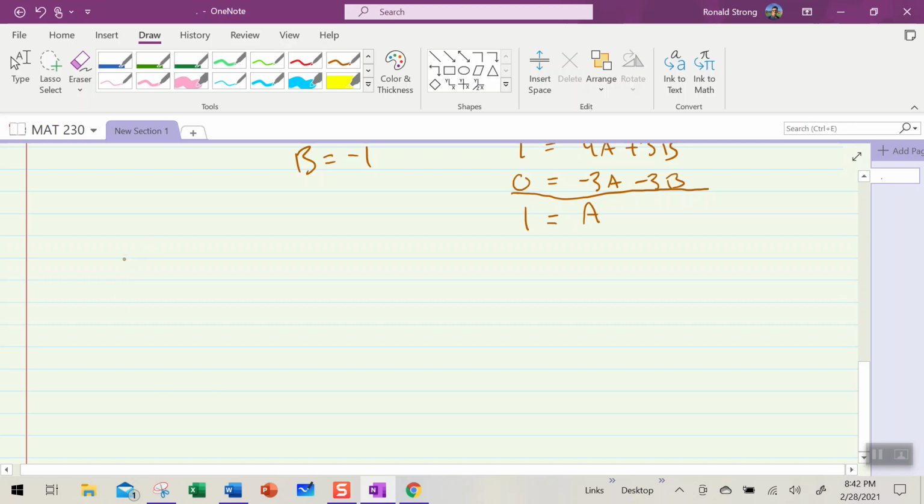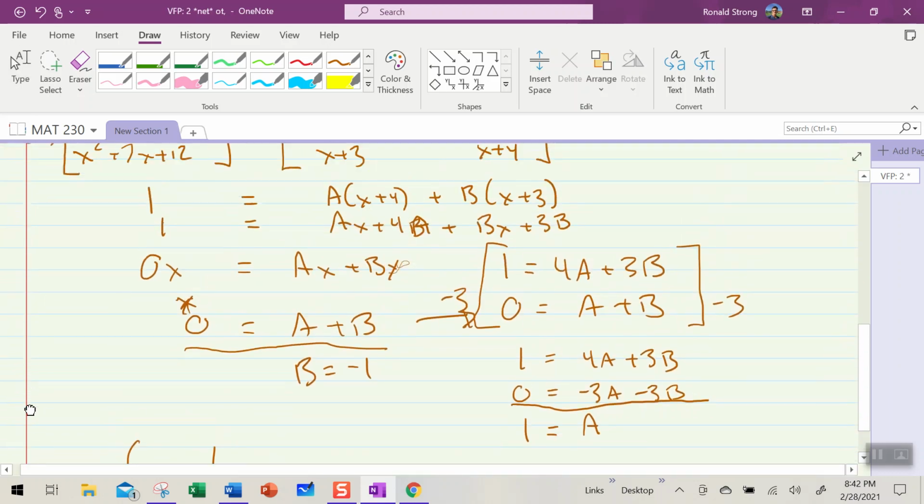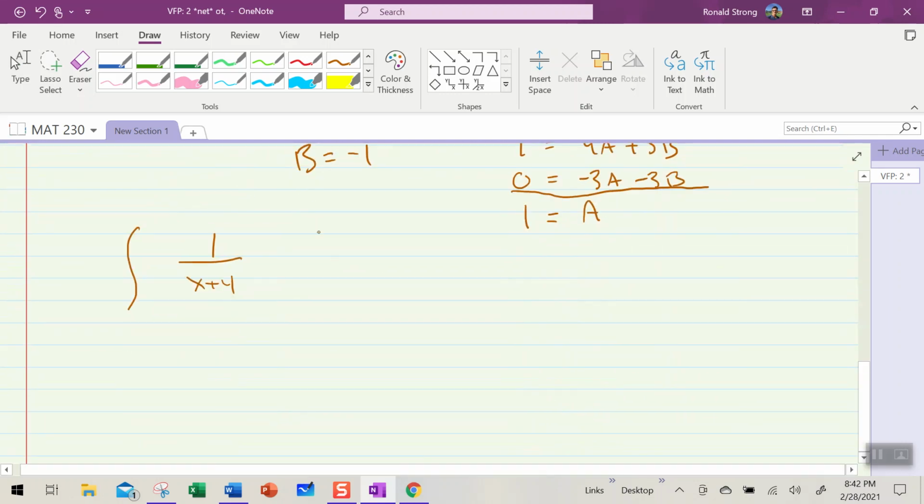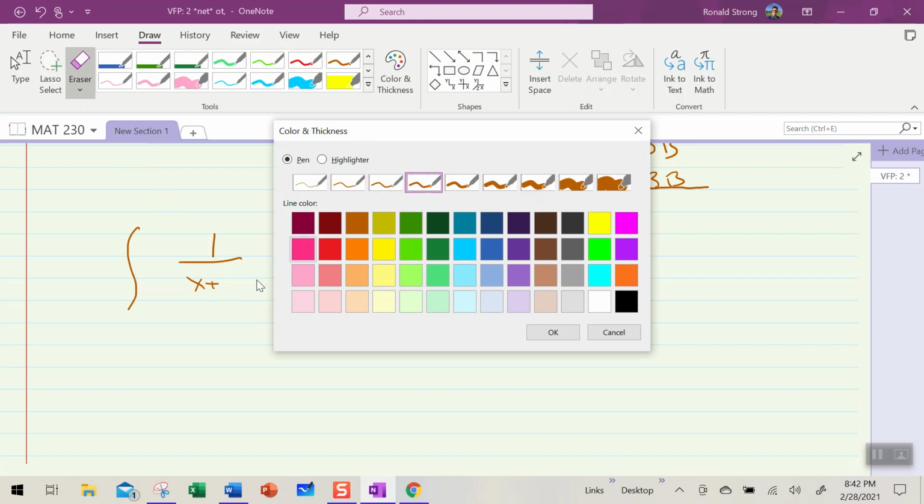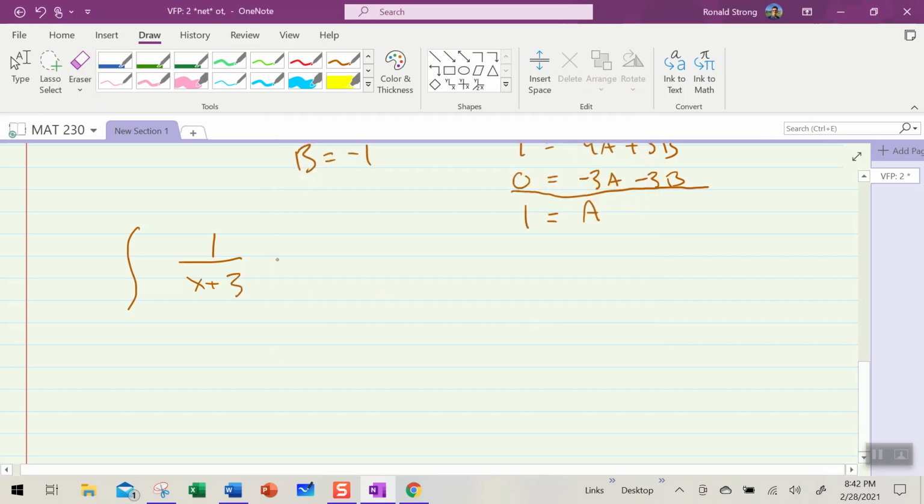We now have the integral of 1 over x plus 3, let me make sure I had that right, yep, that should be x plus 3, minus 1 over x plus 4 dx. And this is from 2 to 7, and the whole thing is times 2 pi.